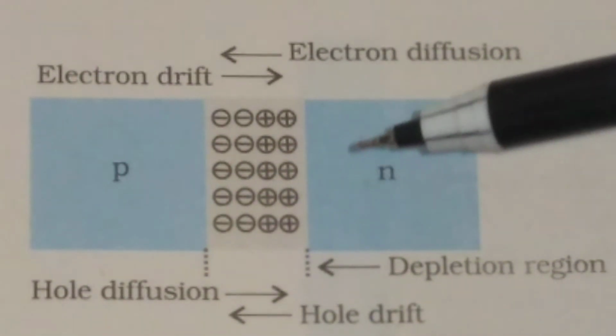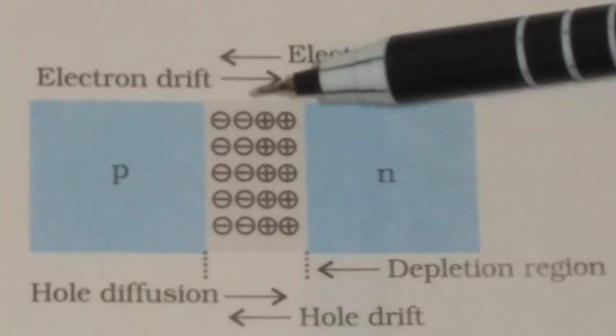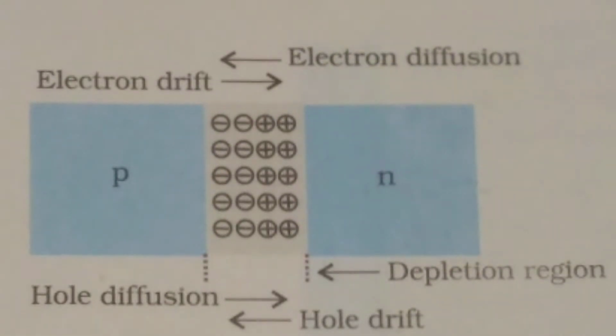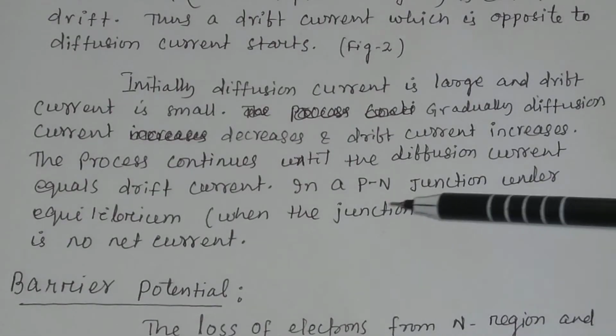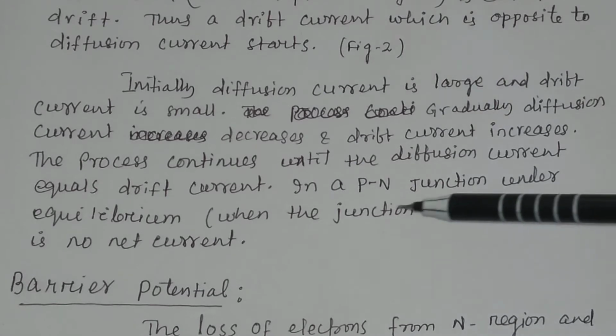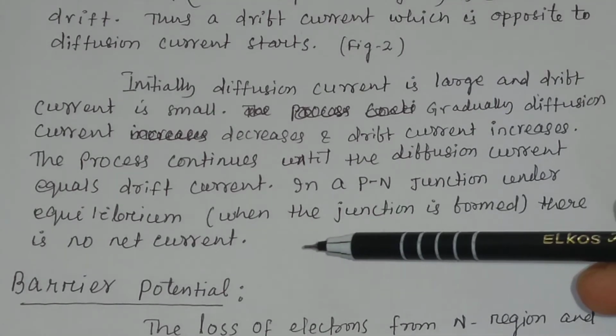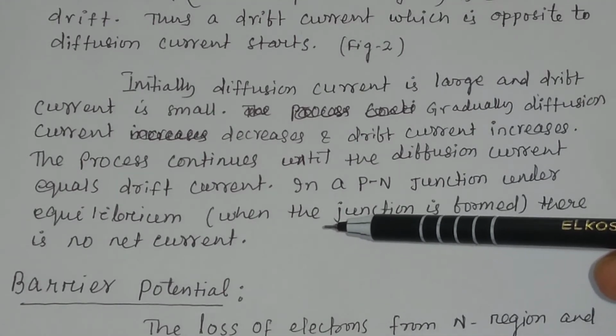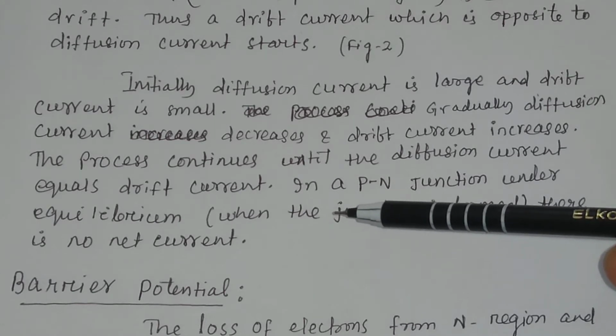That means no net diffusion current or drift current in the equilibrium position. So when the PN junction is formed, there is no current in the junction. At that time, the diffusion current is equal to the drift current.